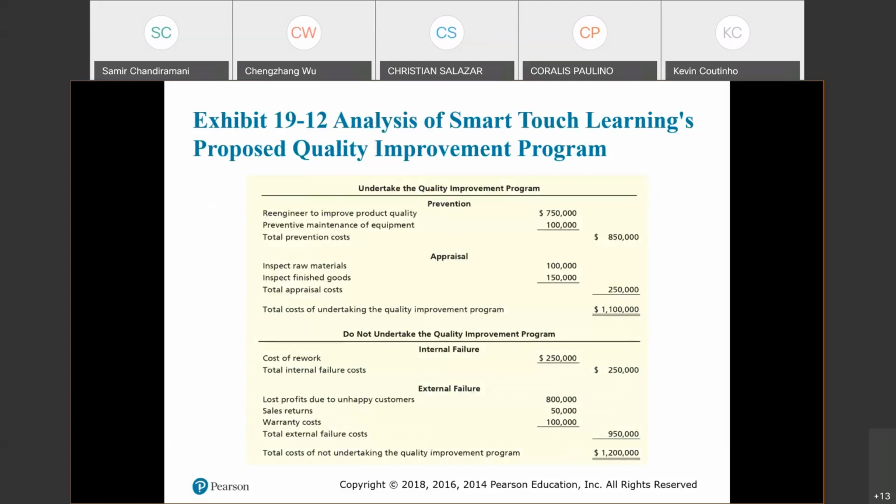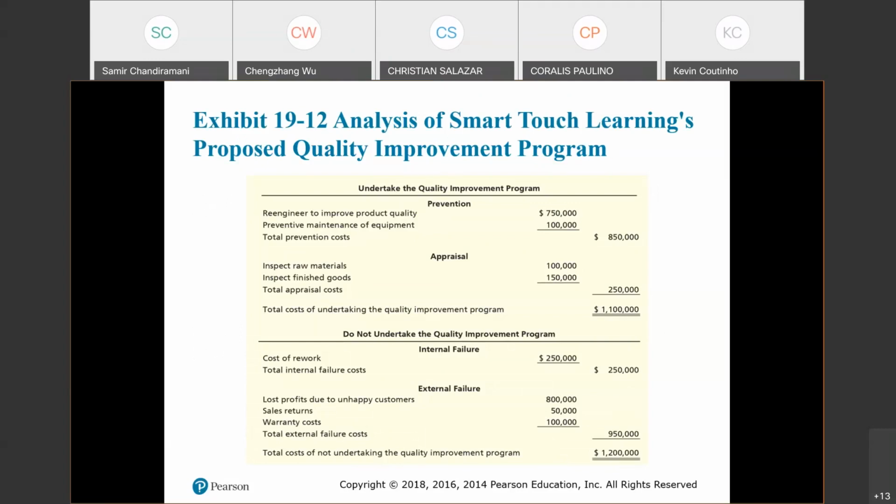So, the CEO asks the controllers two questions. First, to classify each cost into one of the four categories and total the estimated cost for each category.